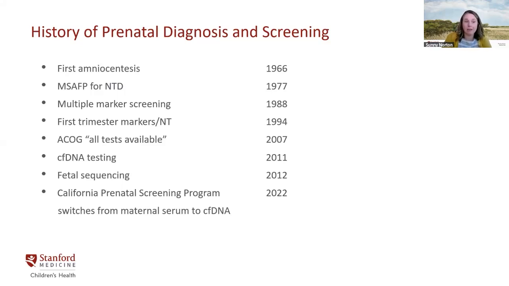In 2007, ACOG recommended that all tests be available to all individuals, regardless of baseline risk, and cell-free DNA became commercially available in 2011. In 2022, the California Prenatal Screening Department switched from maternal serum screening for aneuploidy to cell-free DNA.